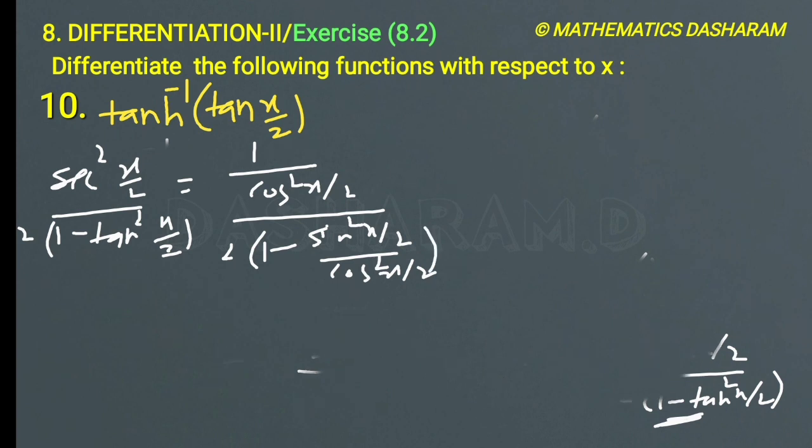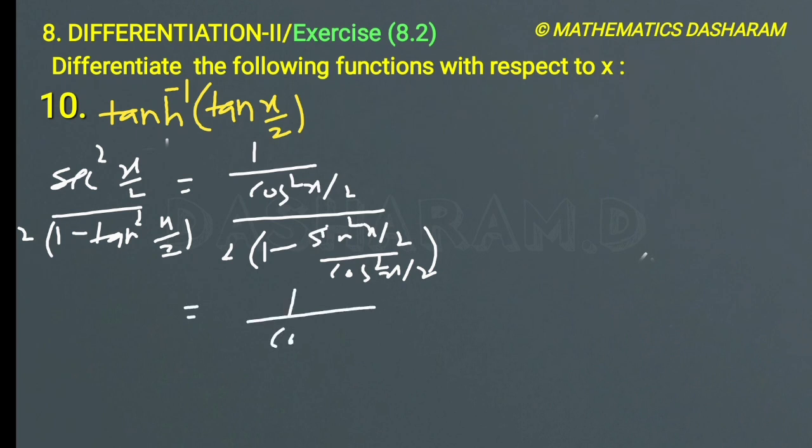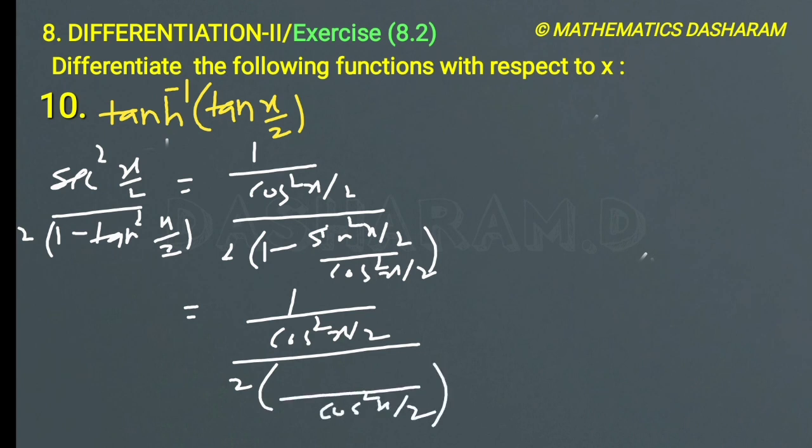So then it is equal to 1 by cos square x by 2 whole divided by 2 into, here the LCM, cos square x by 2 is the LCM. Then here cos square x by 2 minus sin square x by 2.